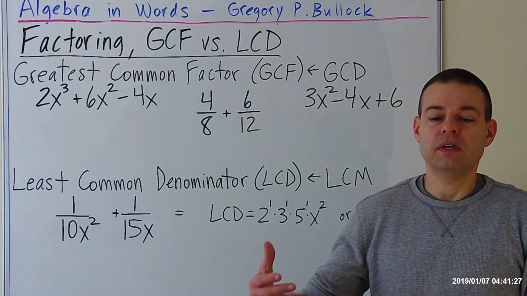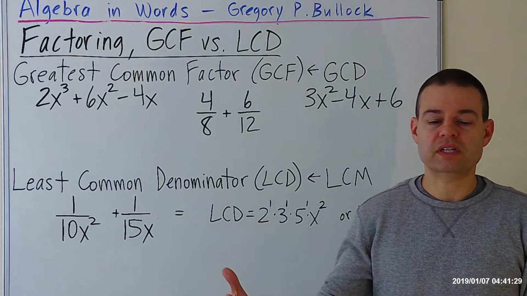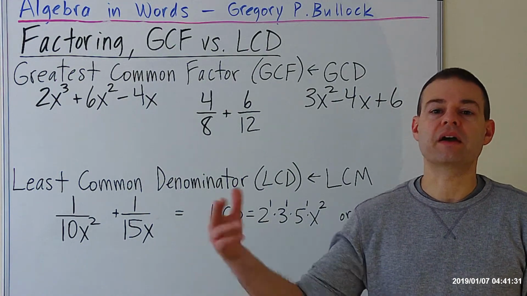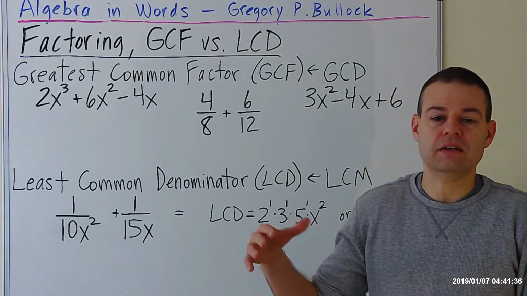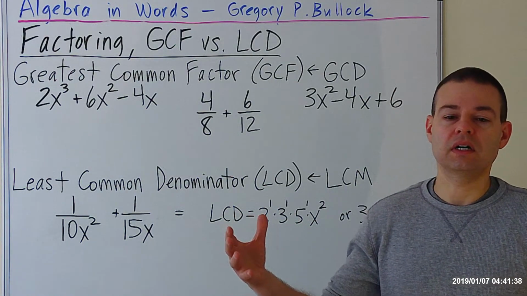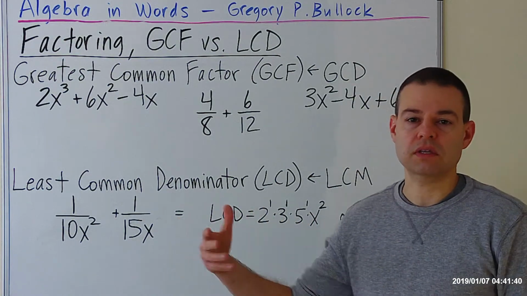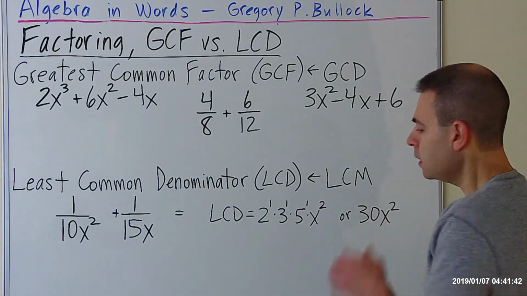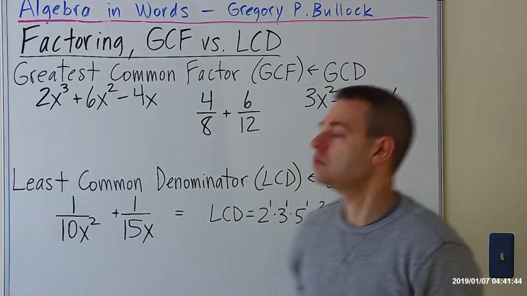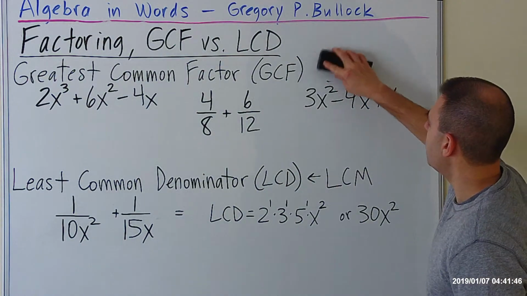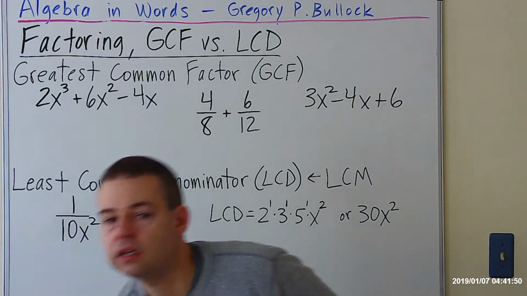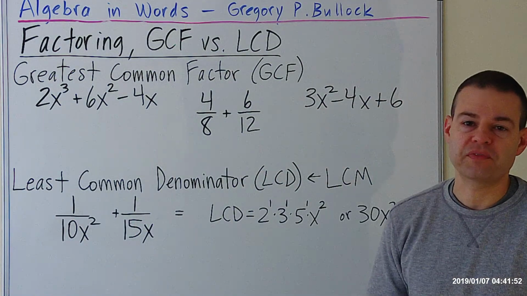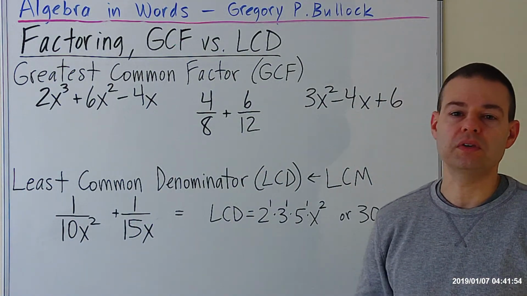And you use greatest common factor by dividing that greatest common factor out of each term. Each term must have that greatest common factor amongst themselves. I'll just erase this for now, but I wanted to make sure you get introduced to it in case you see GCD. It's the same thing as greatest common factor basically.